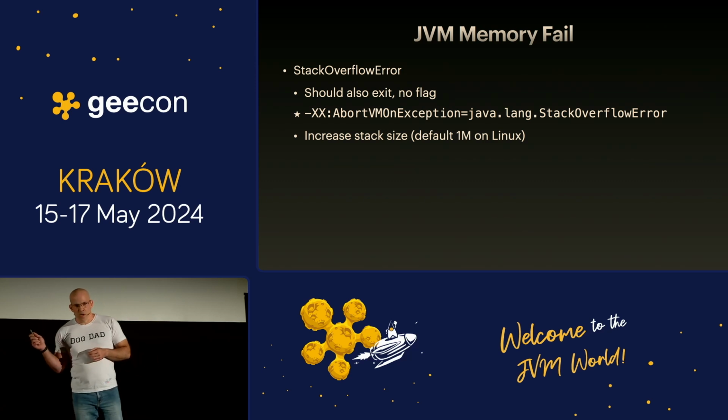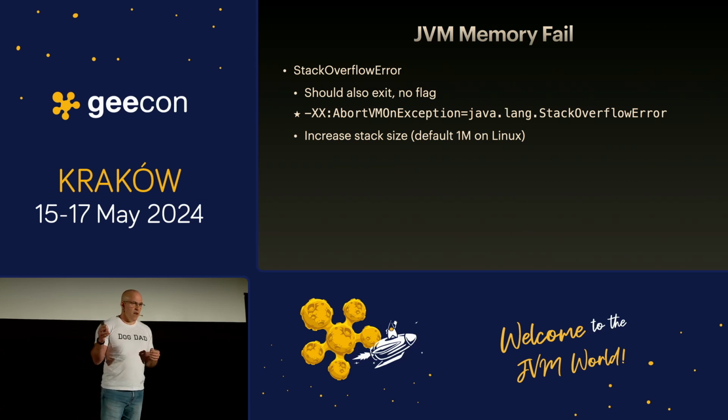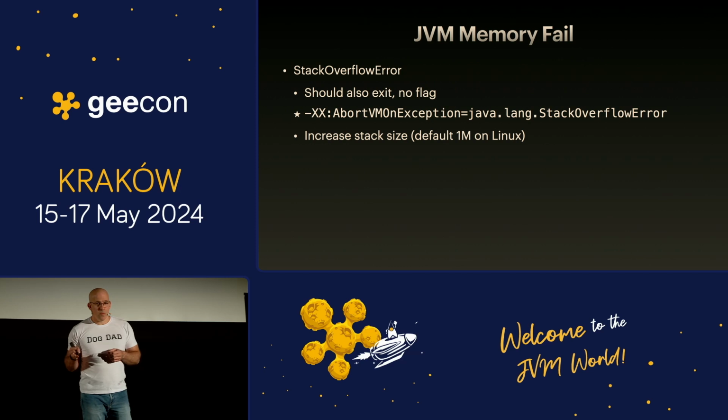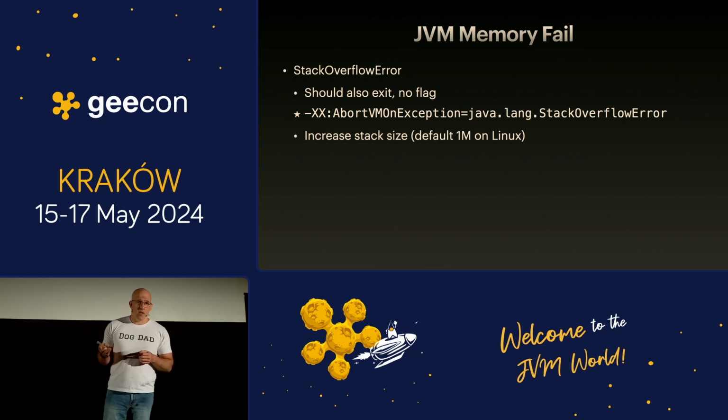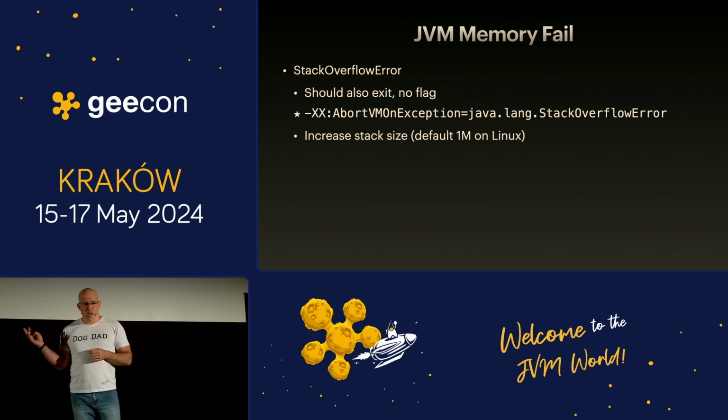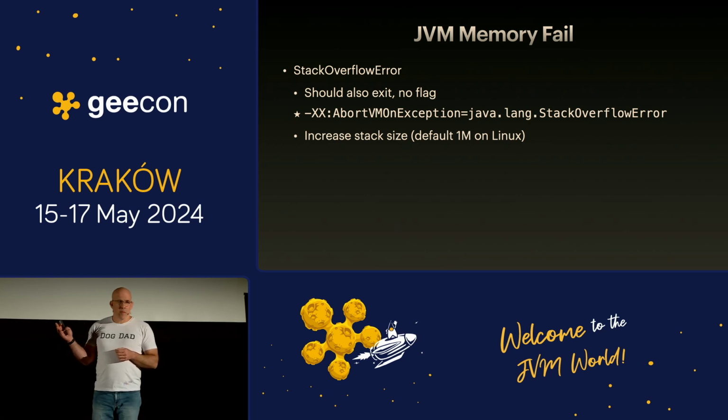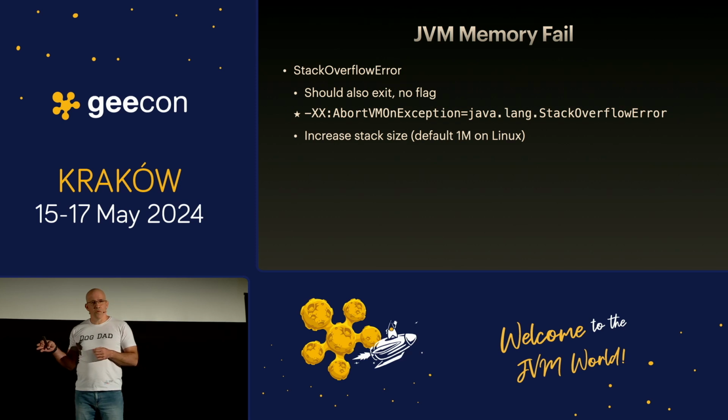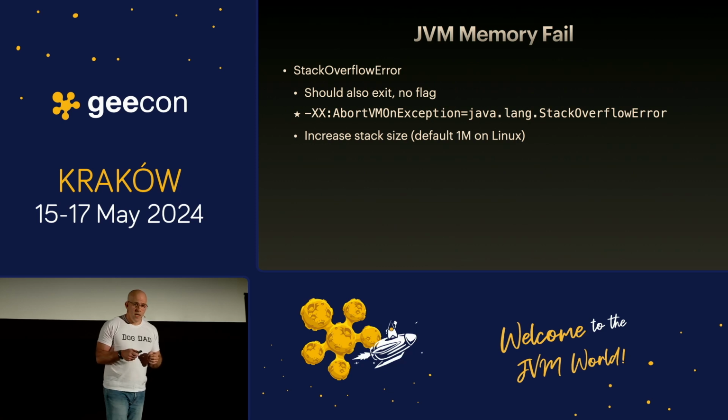For stack overflow error, you don't have a flag to kill your JVM for this. You should, because you can't handle that one either. So watch out for those. I think it might get logged in your JVM warnings, not 100% on that. You can set a diagnostic flag to make your JVM die when that happens.